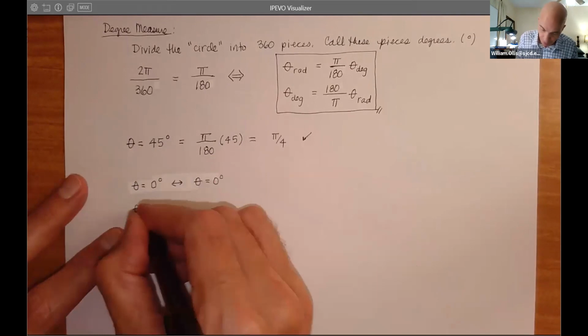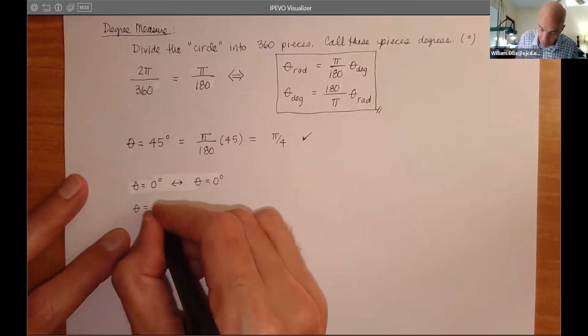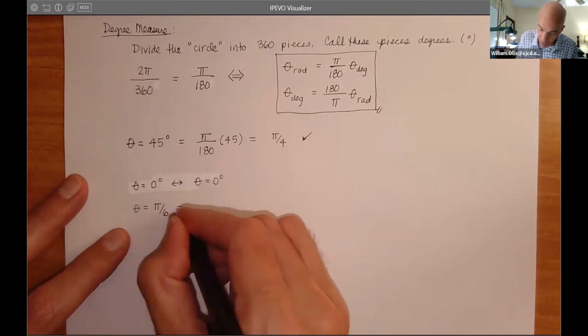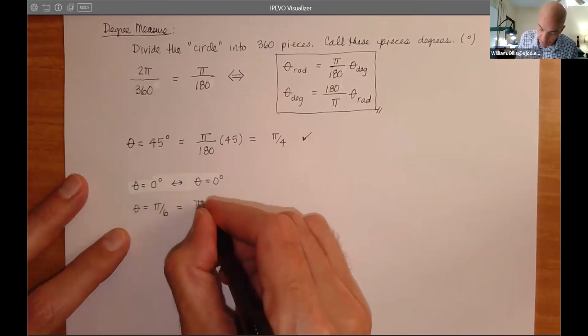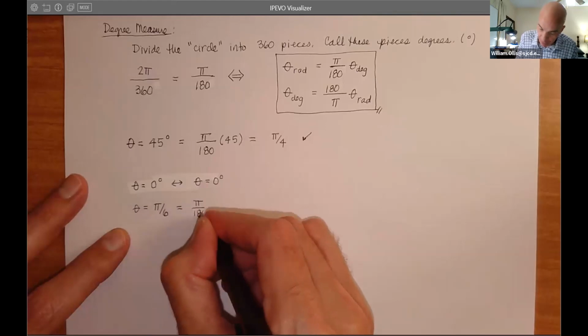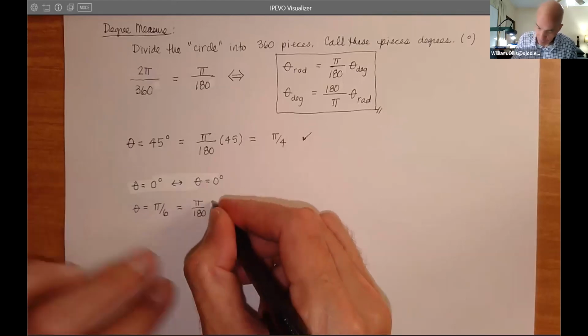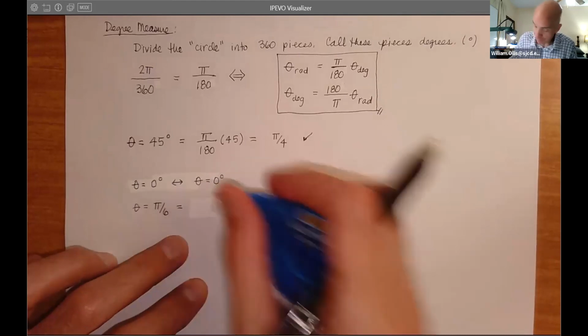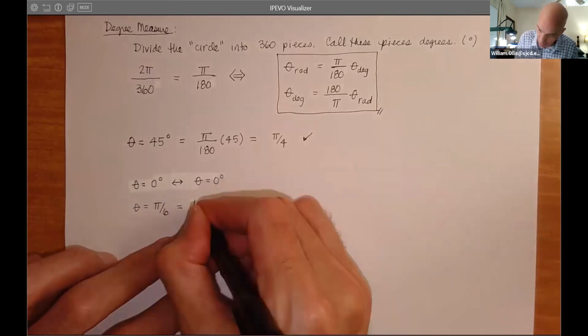Theta equals pi over 6. So we'll do the conversion. Pi over 180, oh, I'm doing this backwards, so I need to do 180 over pi, like we had here.